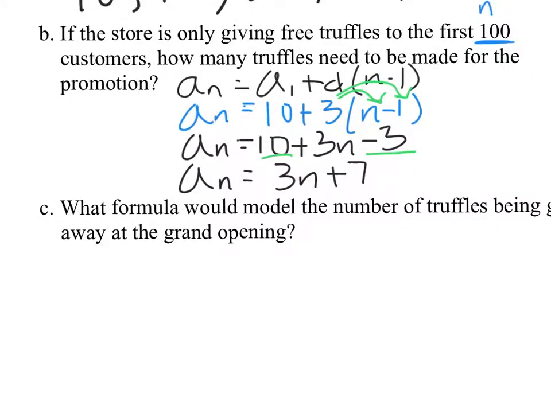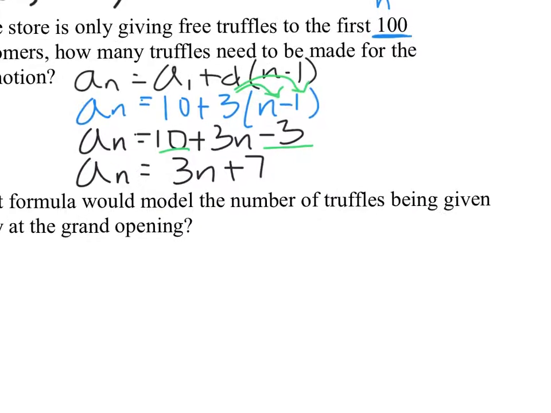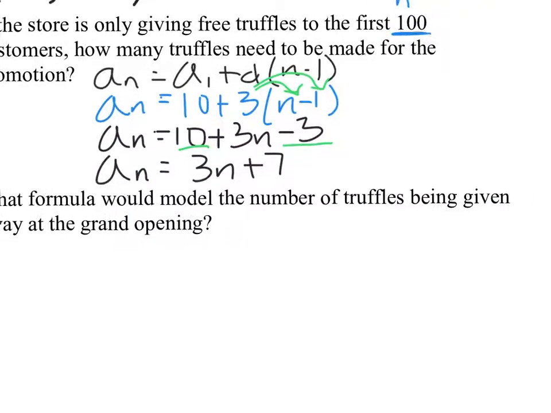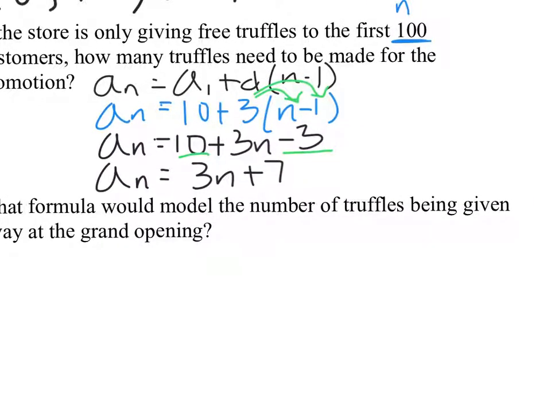Okay, so now we need our 100th term. So we're going to plug that in to our function right here. So we have a sub 100 equals 3 times 100 plus 7.